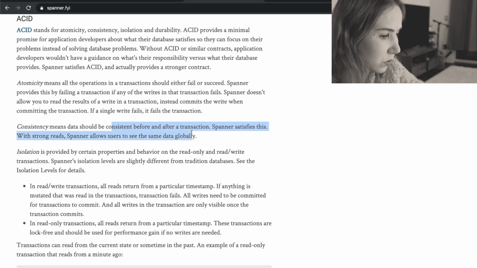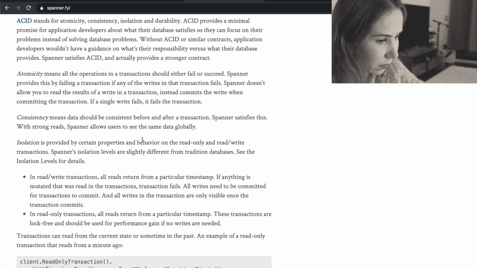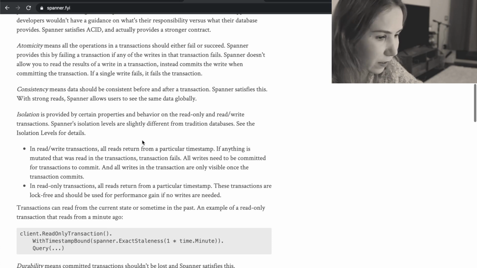Consistency is a really huge issue for Spanner, in terms of it actually doing interesting things, and it's really consistent. One of the key characteristics of Spanner is that it allows you to see the same data everywhere globally. As I said, it's a globally distributed database, but it also promises that if you do a strong read, you see the same data everywhere.